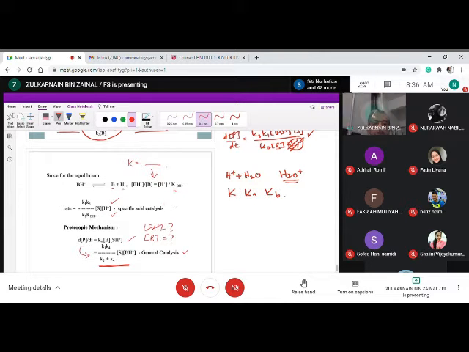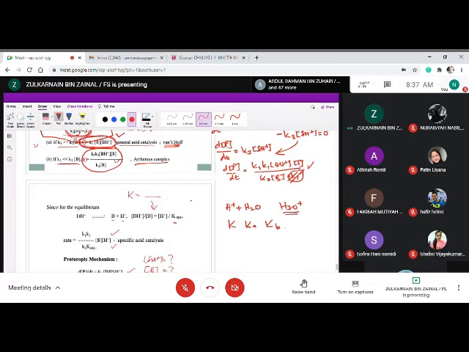And so the rate is then, since we have that, rate is equal to K1 K3 S.